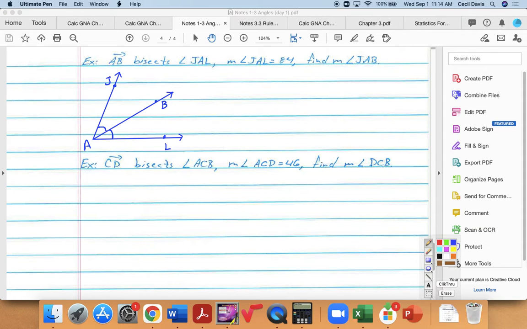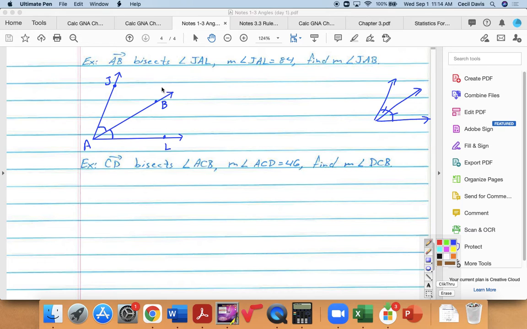Some older textbooks will do this, and then they'll mark to say those two are congruent to each other, like we did with the segments. Whichever one you prefer. I like this one because it's fewer markings.